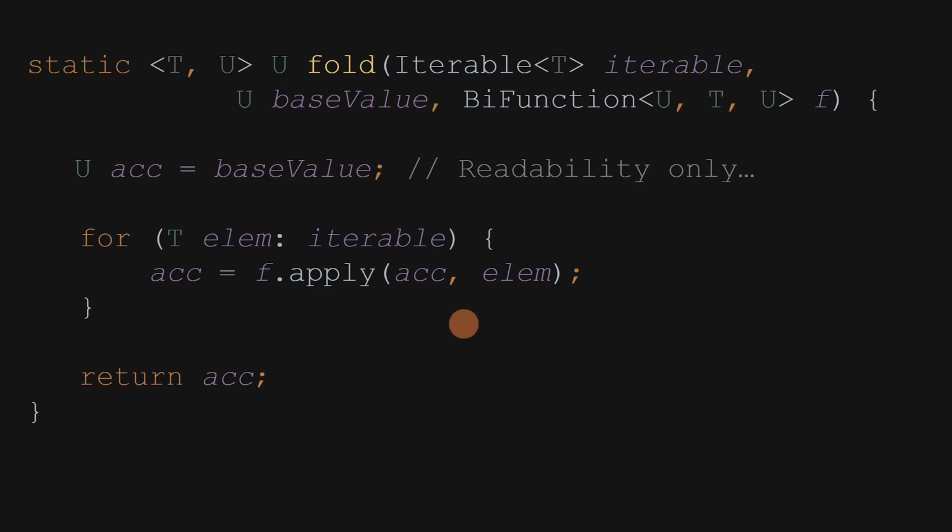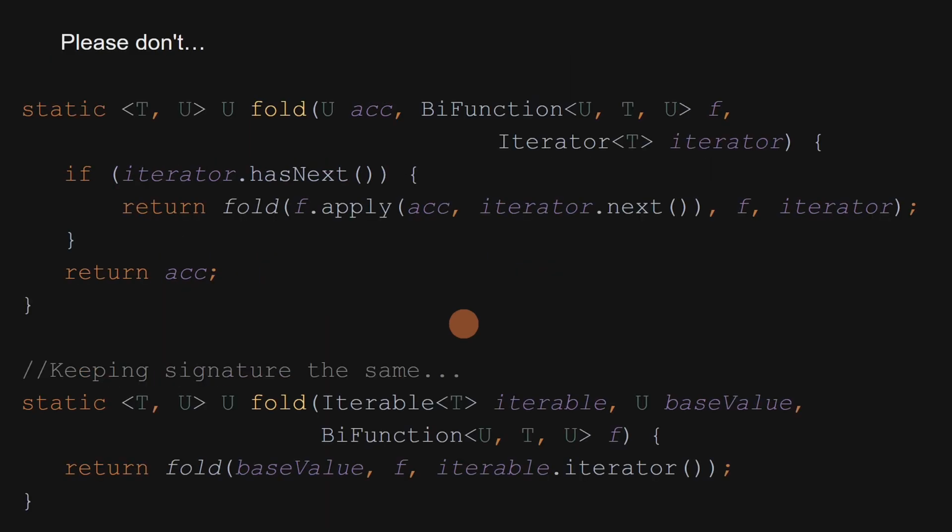It's still pure from the point of view of the caller, so there's no mutation outside of it. But still, it's a little bit strange to see it like this. Considering that the iterator of an iterable is also mutable, to actually represent it with recursion is even worse, because every time you call next on your iterator, you produce a side effect.